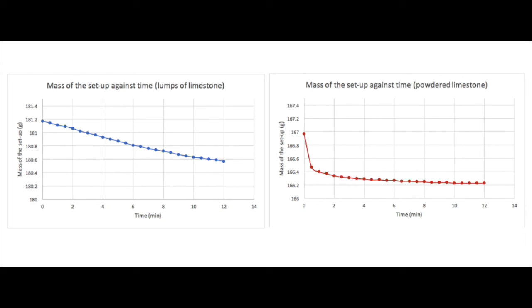So with the same amount of limiting limestone, it should give us a similar quantity of carbon dioxide. It tells us that in both conical flasks, 0.8 gram of carbon dioxide is produced and it escapes from the container.